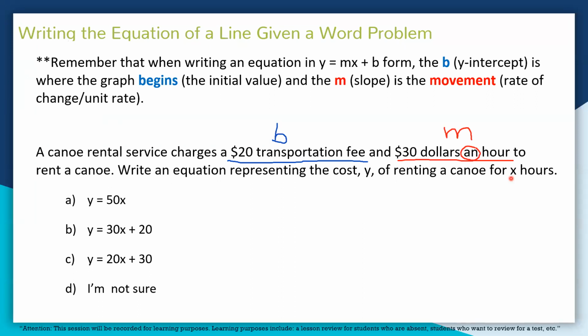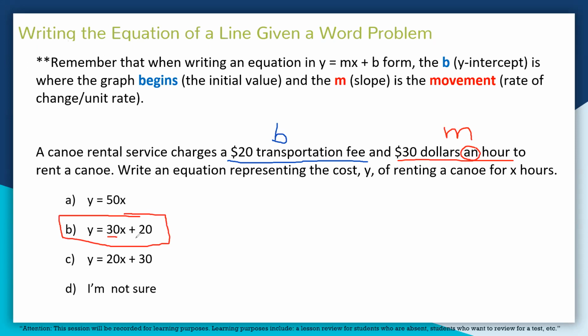So remember, that can kind of help us find our slope a little bit, if we know that our X is representing hours, we're going to be looking for a number that is related to hours for our M right there.